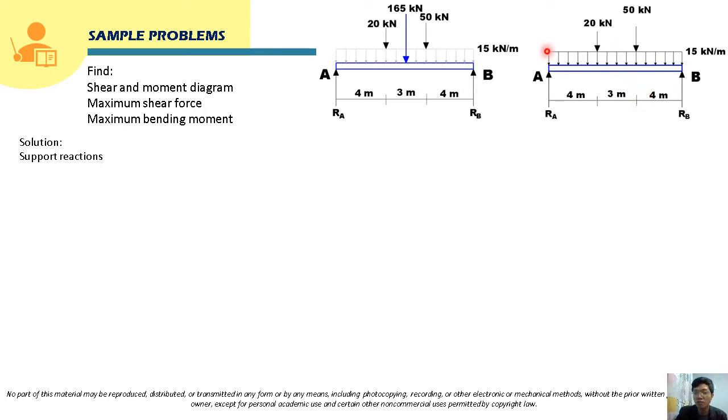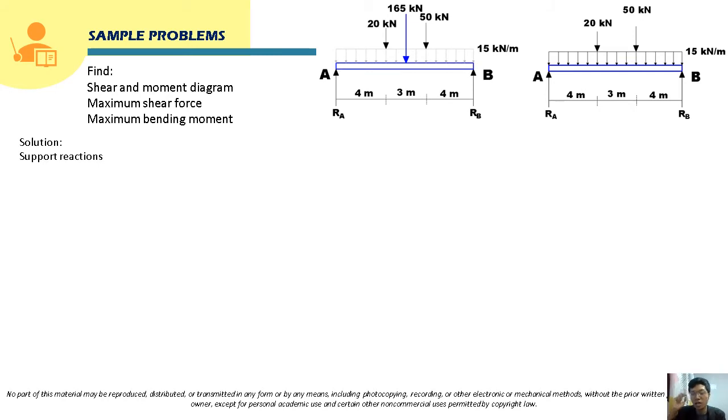We will first solve for the equivalent concentrated load of this distributed loading. Its equivalent point load is just the area of the rectangle, that is 15 times 11, which is 165 kilonewton.